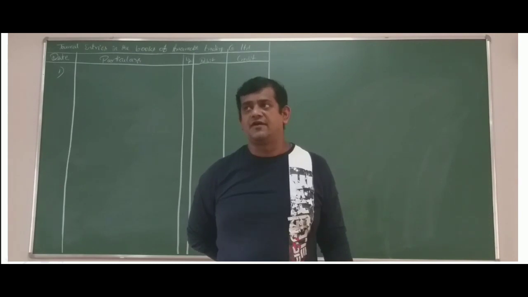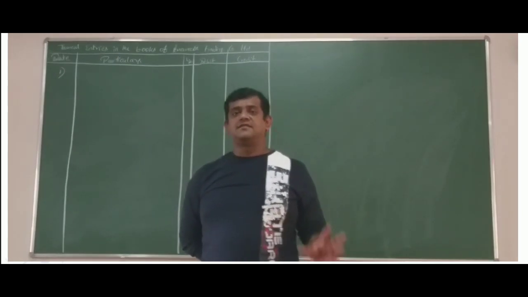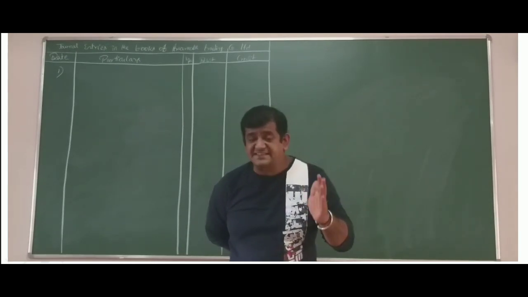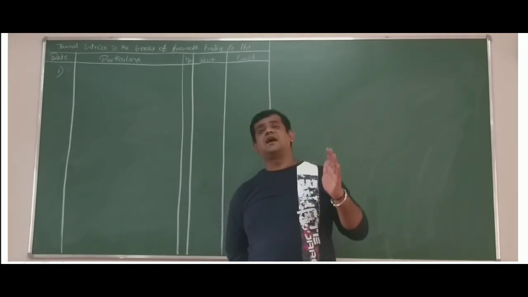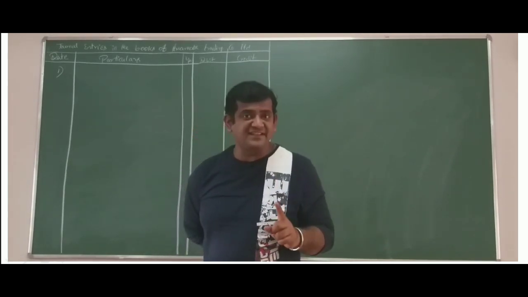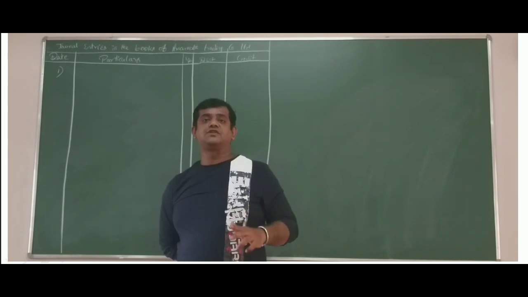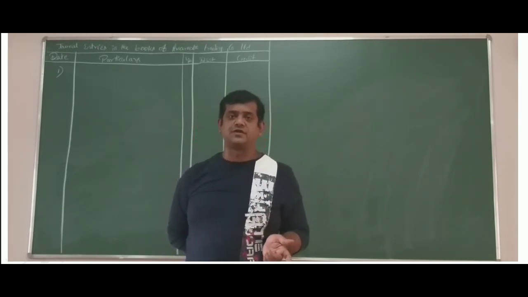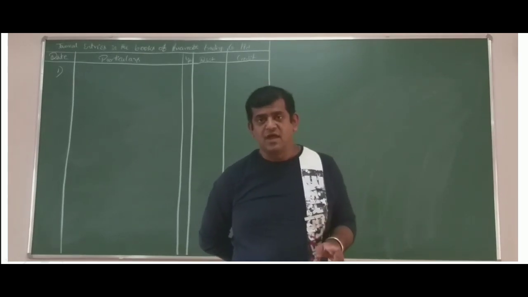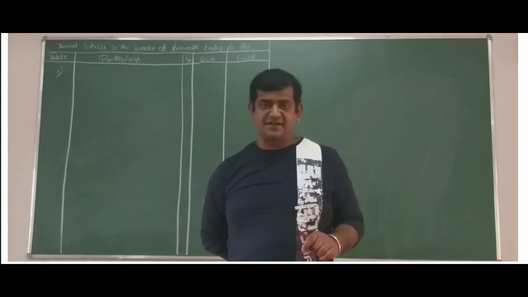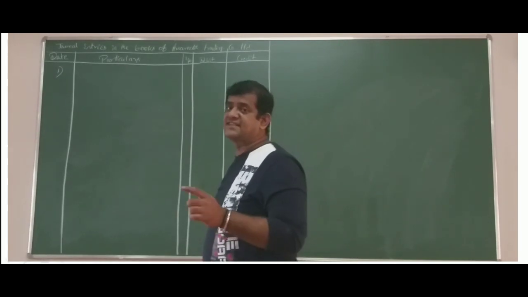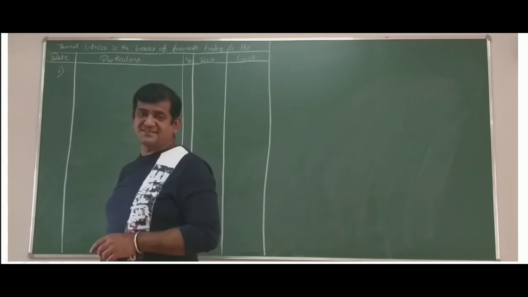Here you have to remember that the entries will be like this. The first entry is always a receive entry, which starts with the bank account. The second entry is always a transfer entry; that application money received is always transferred. The third entry is for allotment money due, and the fourth entry is allotment money received. The fifth entry is first call money due, and the sixth entry is first call money received.